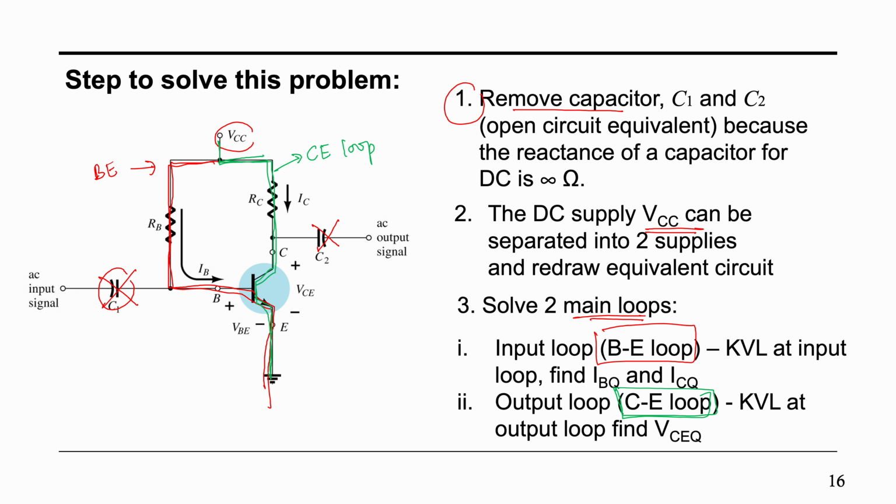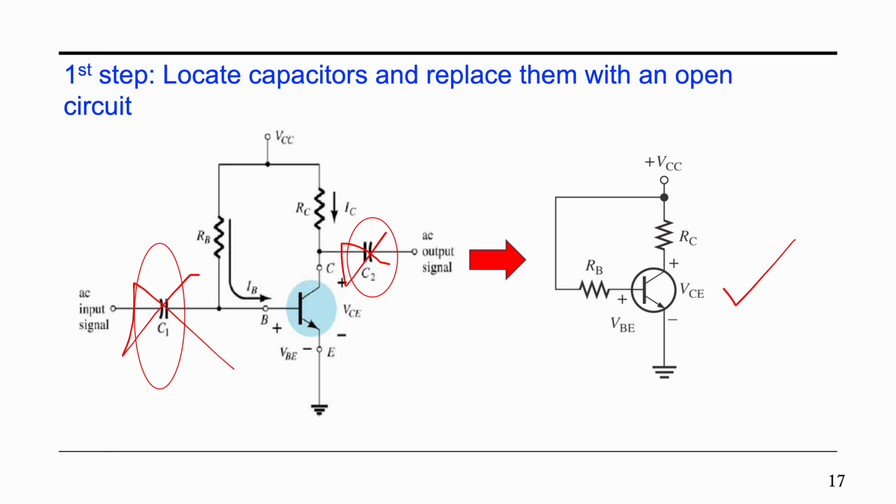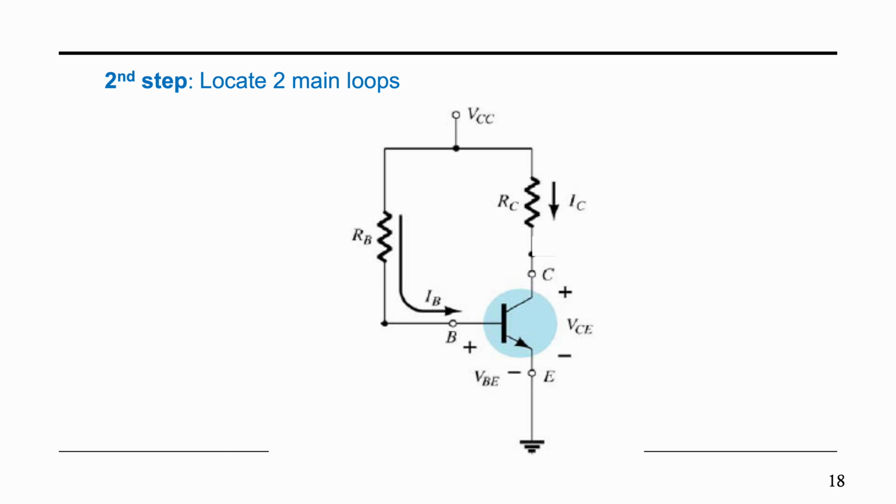You have to separate these two loops. Therefore your circuit will be simplified as such once you remove all the capacitors and we consider the two loops. One is the BE loop.